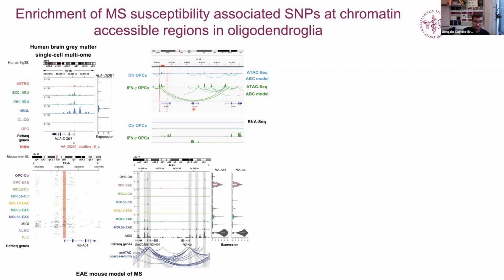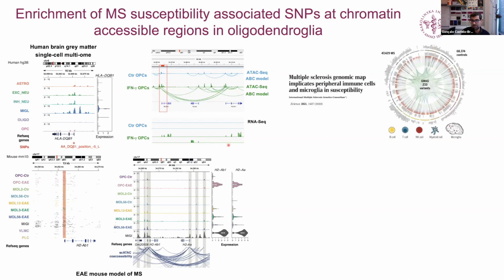Now, this gene that I mentioned was particularly interesting because there is an MS susceptibility SNP located in this location. A few years ago, the International Multiple Sclerosis Genetic Consortium published a new GWAS study with a list of variants that were associated with MS susceptibility.